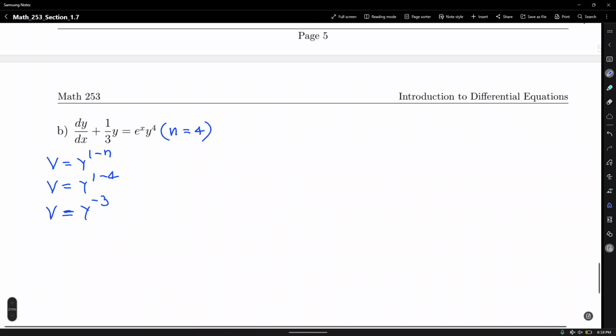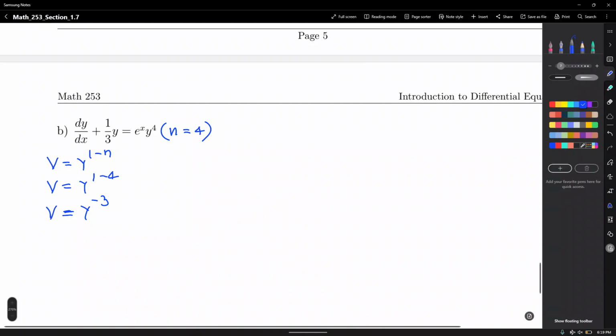Again, I would like to get the y by itself. What would we do to get the y by itself in this case? This could be a weird one, right? One way is to raise both sides to the negative 1/3.